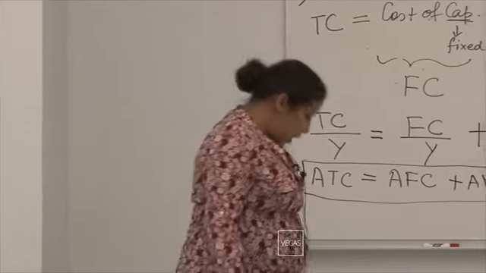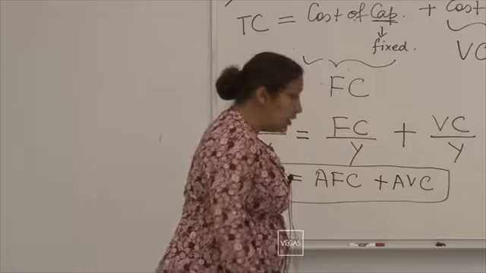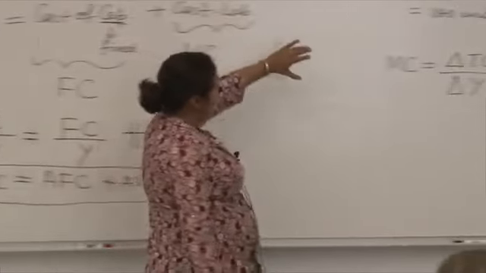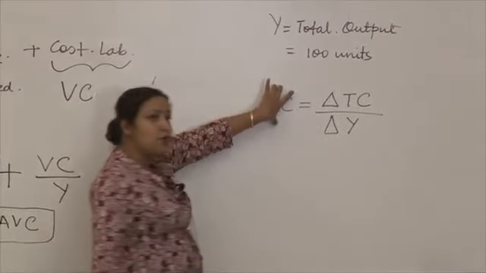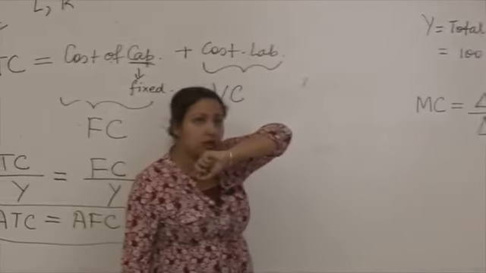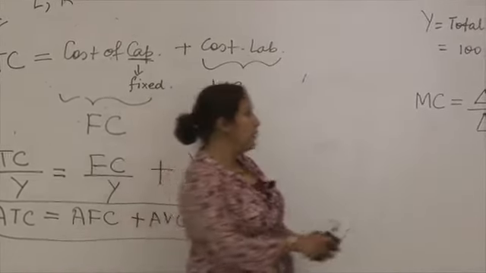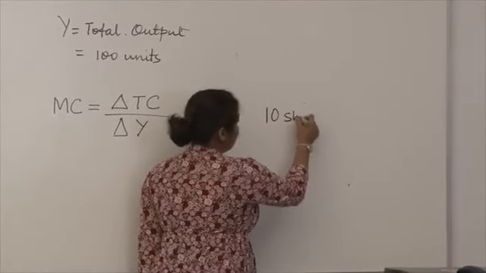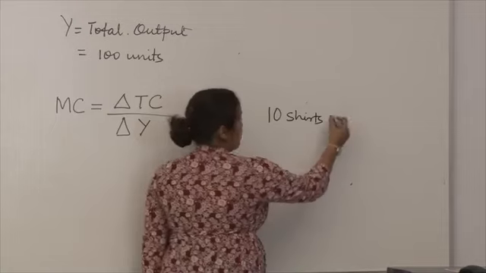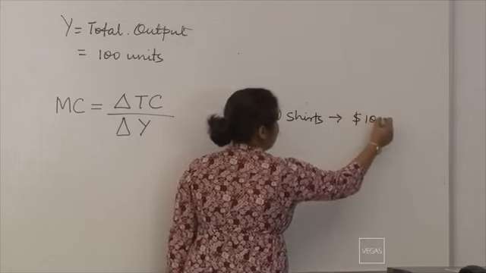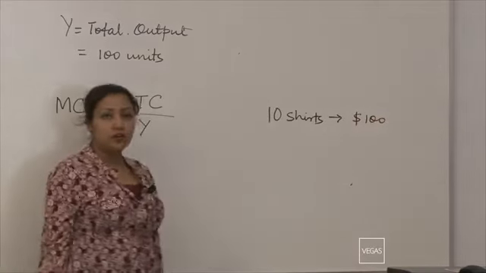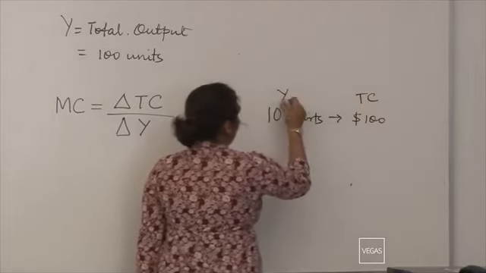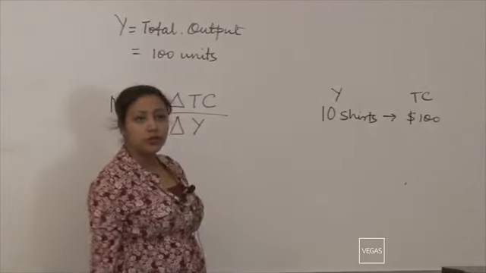So 1 additional. Where am I getting? If there is any addition, let's say I am producing the 11th shirt. I was producing 10 shirts and I was taking $100 to produce those 10 in total. So this was my Y, that is how much I was producing.